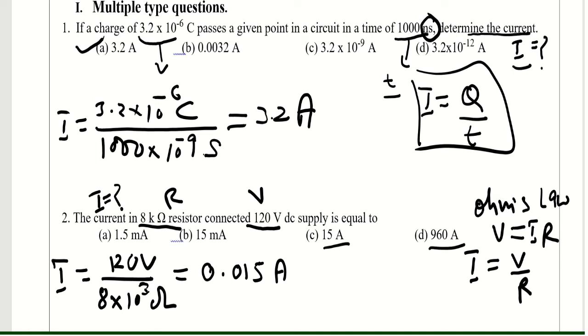Two options are given in milliampere, such as 1.5 milliampere. If I change this to milliampere, it will be 15 milliampere. So according to this, option B is the correct option.